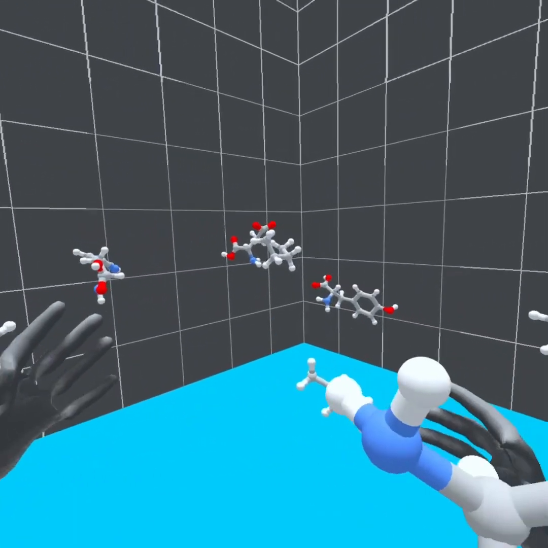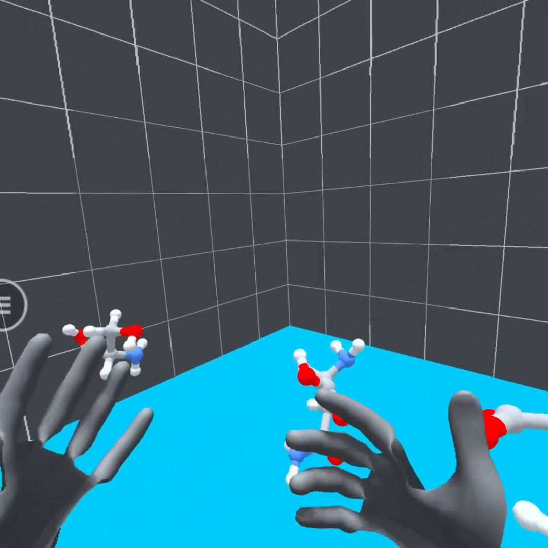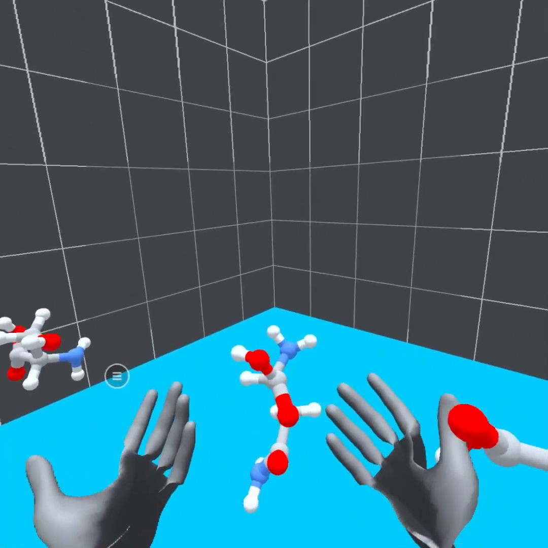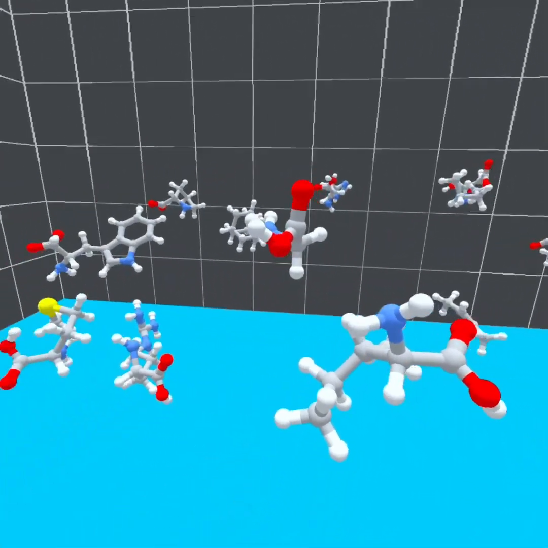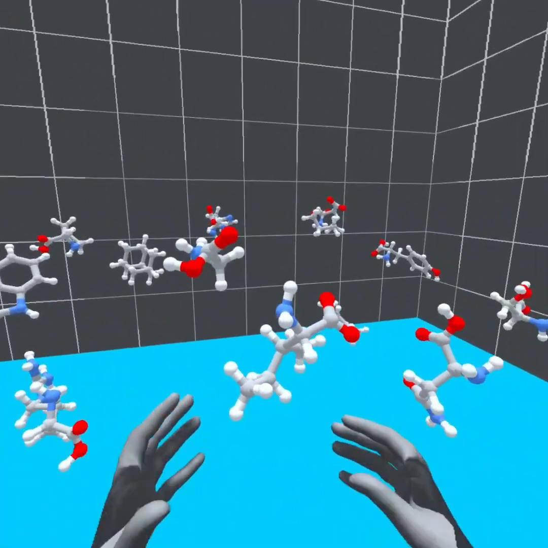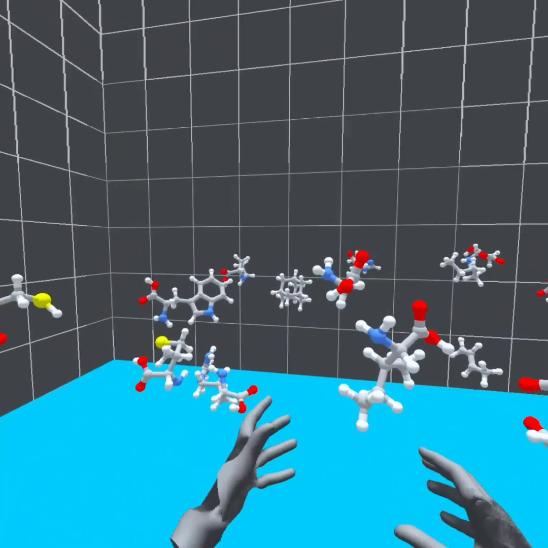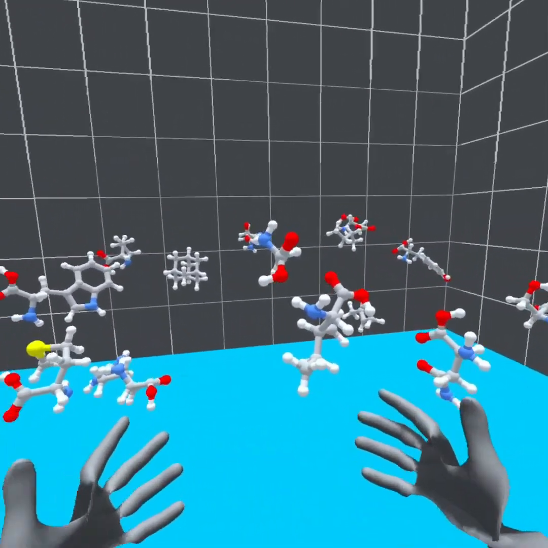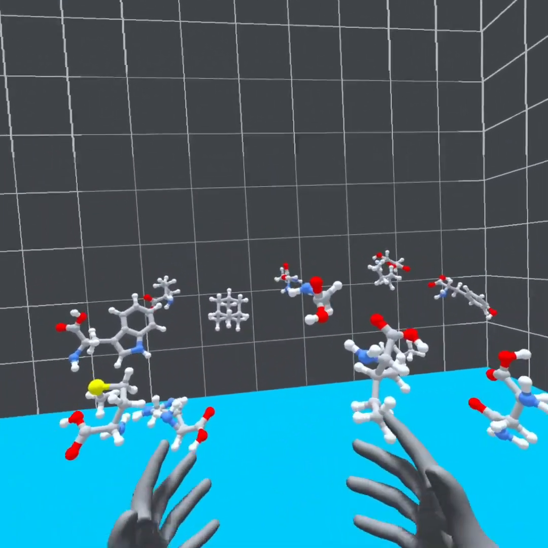Well, this virtual reality app I'm showing you now, in principle, can load any small molecule. So in the future, I think students and teachers will be able to explore chemistry very interactively, especially everything that has to do with conformations, just by grabbing molecules and moving them around as if this were a plastic modeling kit, but in virtual reality, which has many advantages.